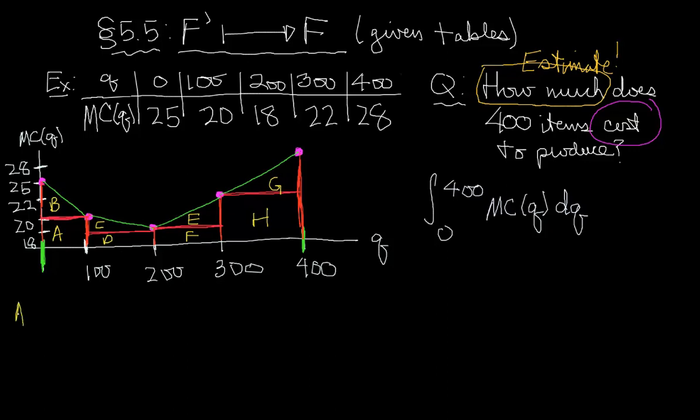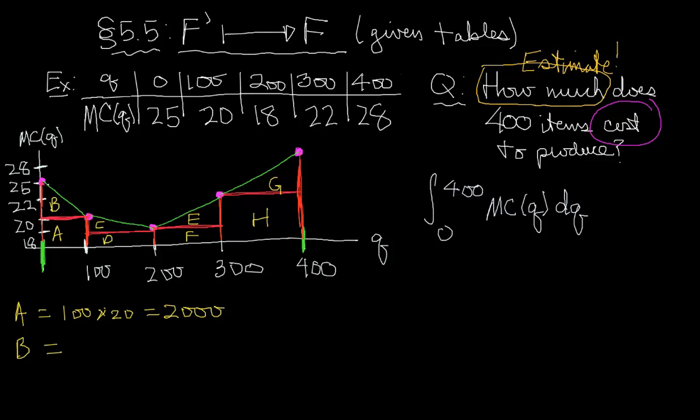Let's go to area A. What's that going to be? That's just going to be 100 times 20, which is 2,000. Okay, that's one. Let's go to area B. That's a triangle now, so we're going to do 1/2 base times height.